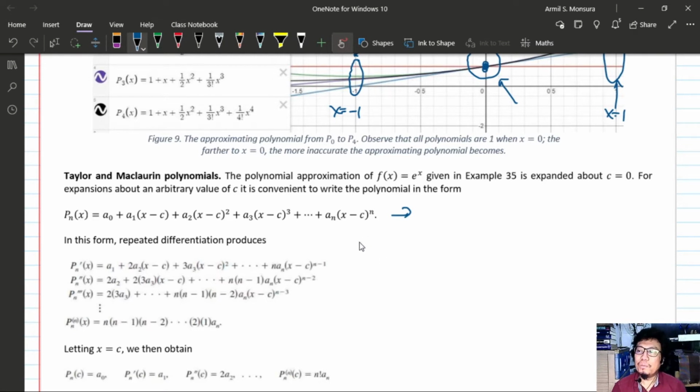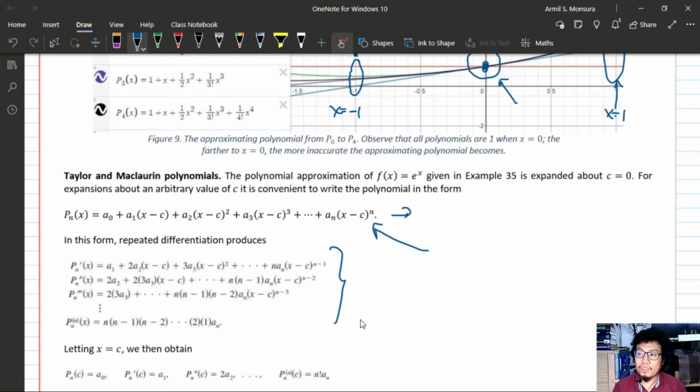Now, if you perform repeated differentiation, because as you can see, the conditions set for your approximating polynomial depend on the values of the polynomial and its derivatives and the values of the function and its derivatives being equal. So we would like to perform repeated differentiation for your approximating polynomial.